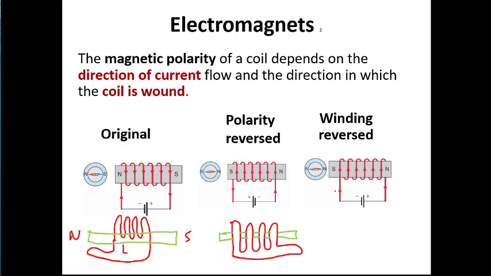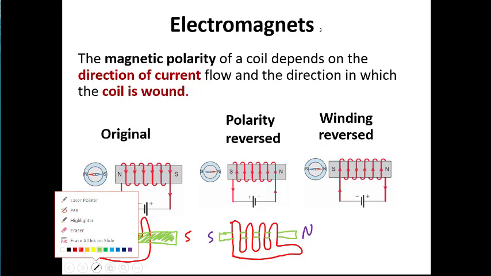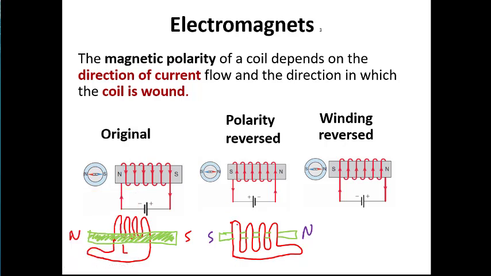So this would be the North Pole and this would be the South Pole. And so if we're showing the bar on top, that would be like this. And then if our fingers were on top, I guess we could show it like this.